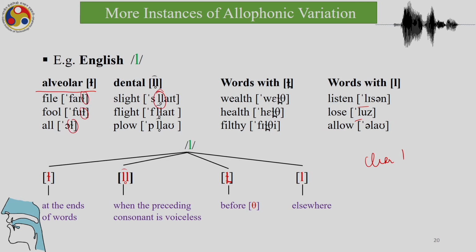We have a devoiced L here, and we also have a dental and velarized L, two ways that it's different from this one, which is the alveolar clear L. Now we have four different ways in which this is varying.